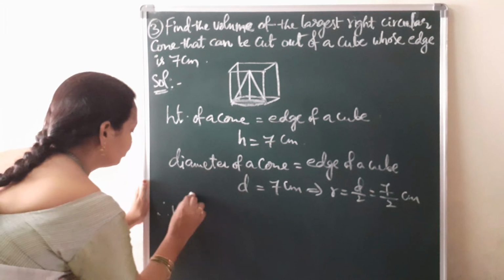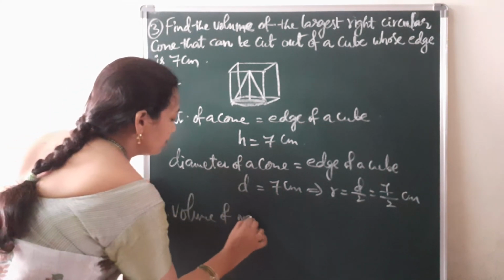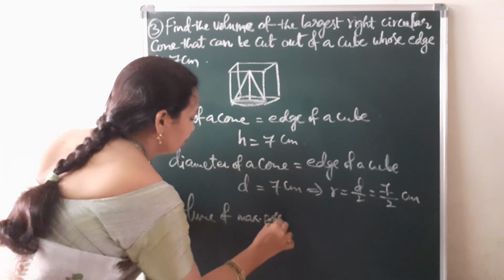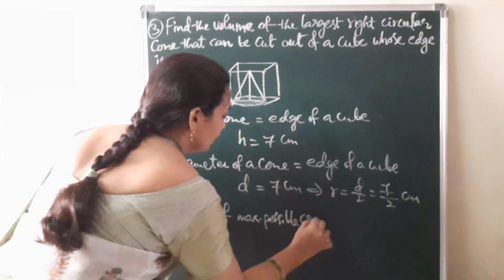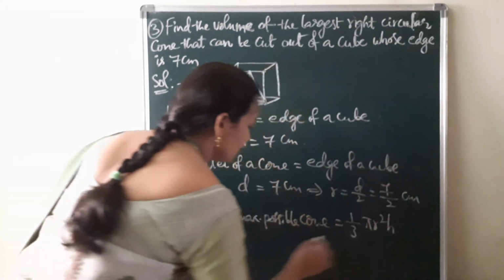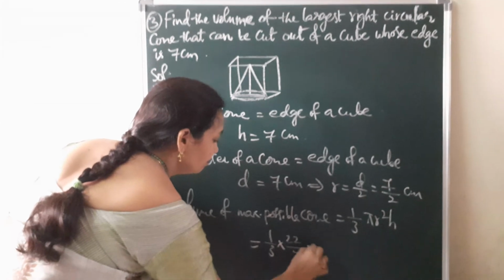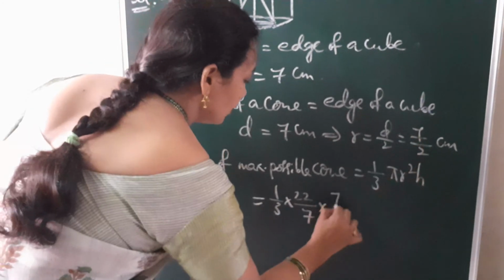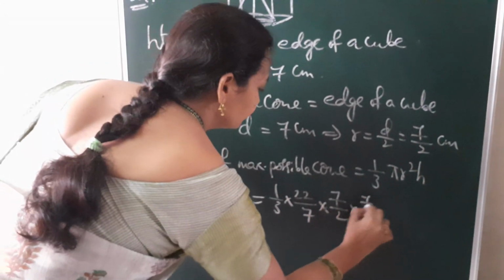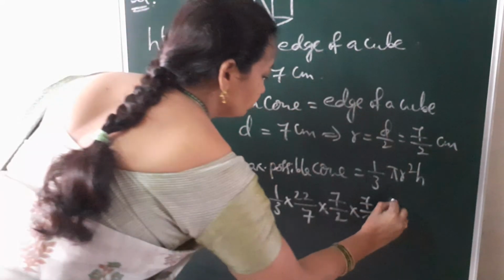Therefore, volume of maximum possible cone is equal to 1 by 3 pi r square h. As 1 by 3 pi is 22 by 7 into r square is 7 by 2 into 7 by 2 into h is 7.